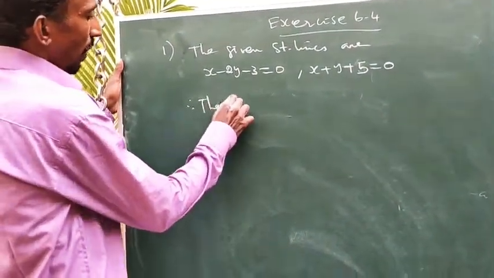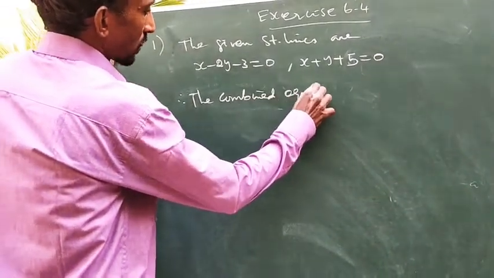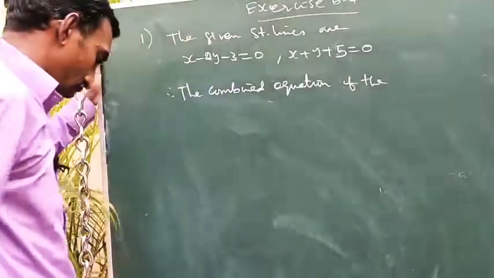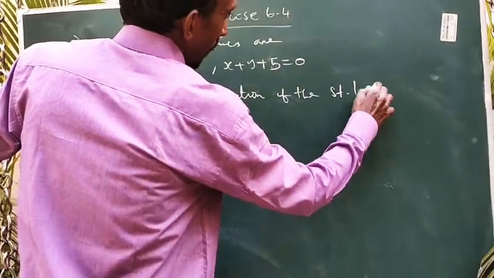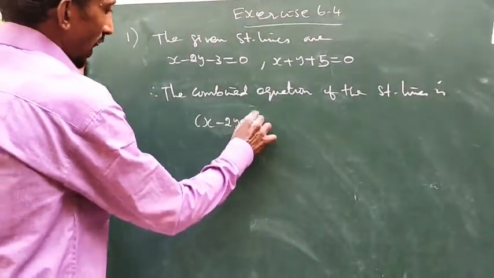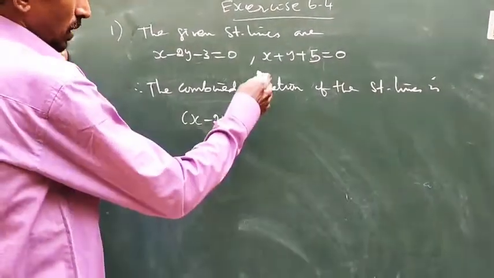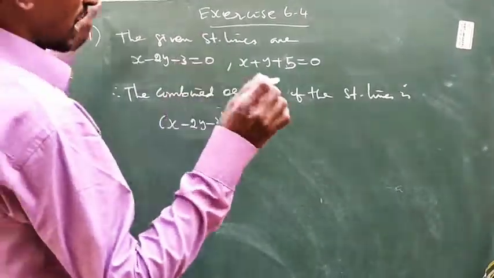Therefore, the combined equation of the straight lines is the first one x - 2y - 3, sorry, not a linear combination of the two, my dear students.